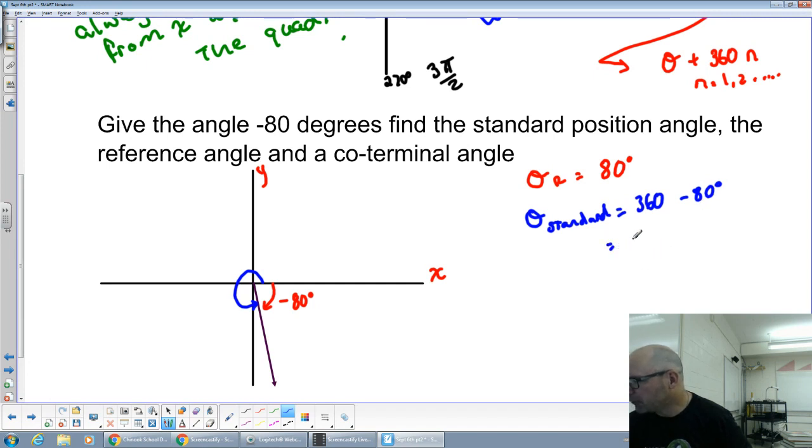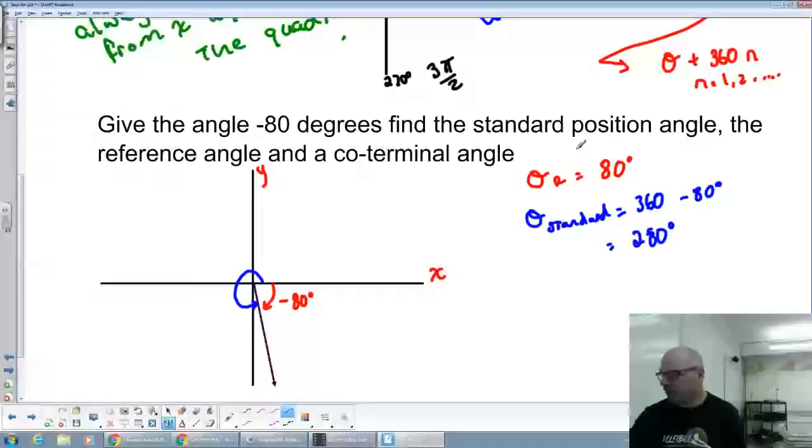That's going to be equal to 280 degrees. Now if we were doing pi or radians, you'd have to be careful with your fractions, subtracting and stuff like that, but we'll just do an example in degrees right now.